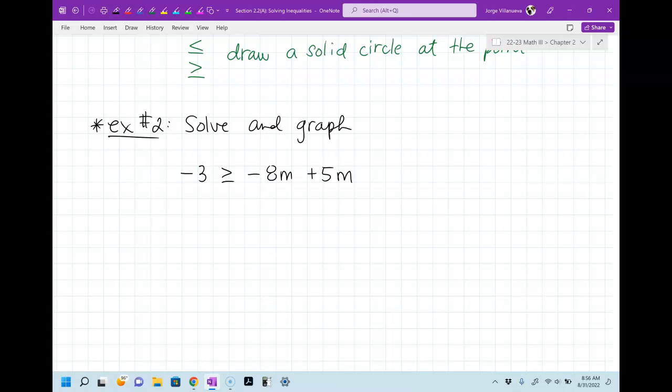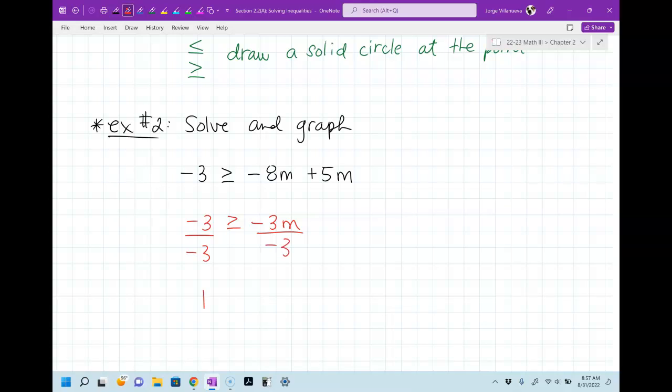So notice I have two variables, m's, on the right side. So what I'm going to do is I'm going to combine them. So what do I get when I combine negative 8m plus 5m? All right, thank you. So negative 3m, so negative 3 greater than or equal to negative 3m. What do I do to both sides to solve? By negative 3. All right, so notice how I divided both sides by a negative.